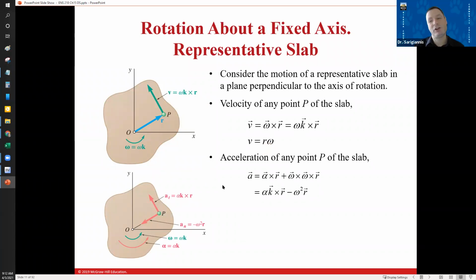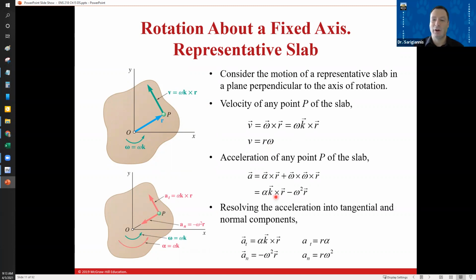Now you look at acceleration. We've got A K cross R, and then we have omega cross omega cross R, and you wind up with these terms down here: A K cross R minus omega squared R. So you wind up with a few different components to look at.